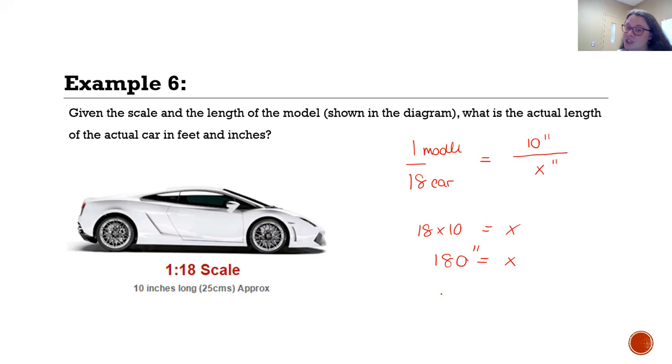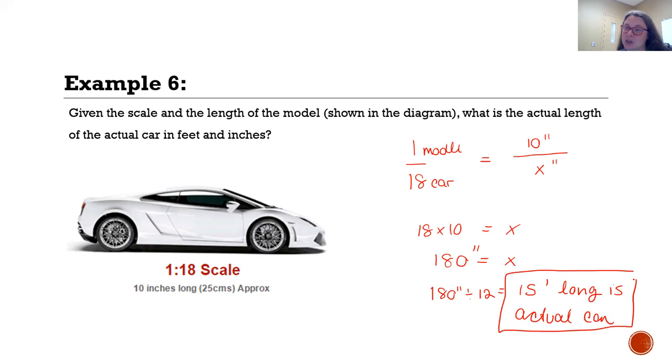So 180 inches, and 180 inches divided by 12 leaves us with 15 feet long is the car. And again, we have no inches on this particular question.